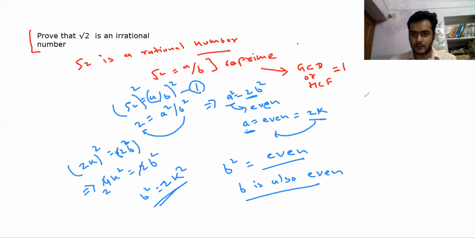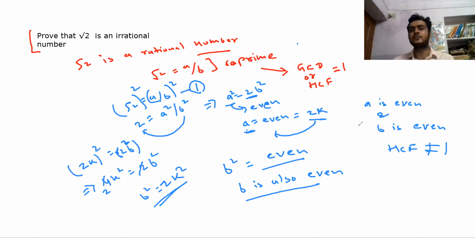So if a is even and b is even, HCF is not equals to 1.